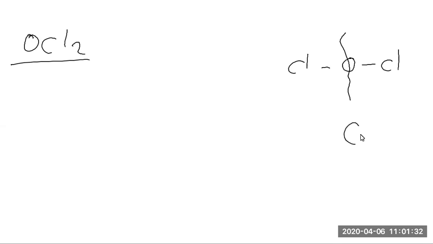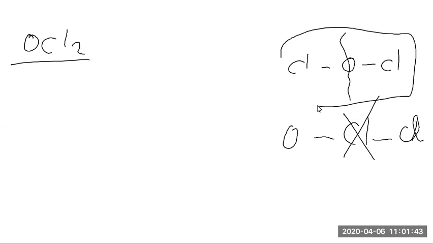But if you put a Cl in the middle, oxygen, Cl here, this is not symmetrical. But this one is a symmetrical molecule. So this is the first thing. Another thing. Usually, the first element will go to the center.